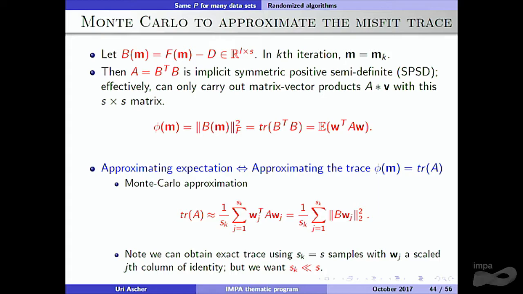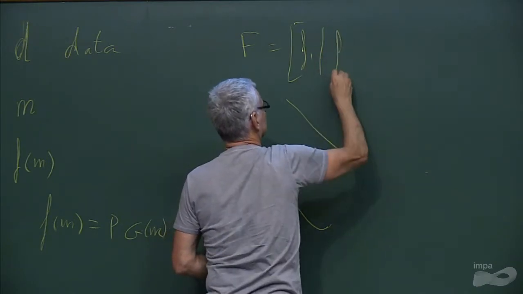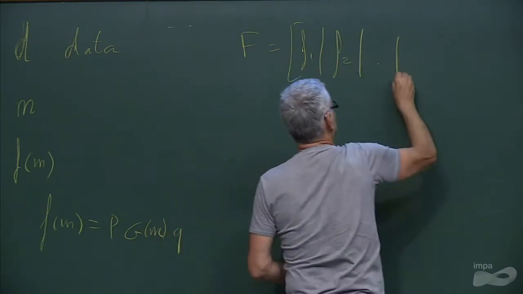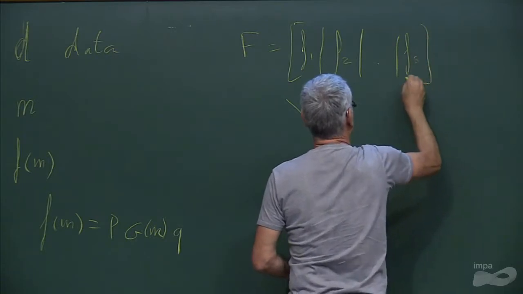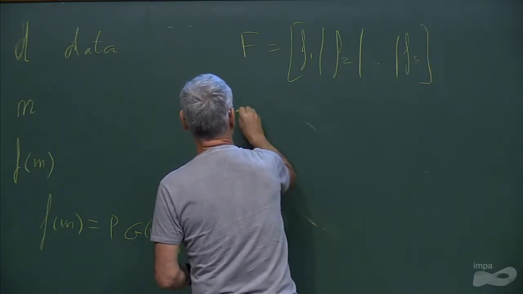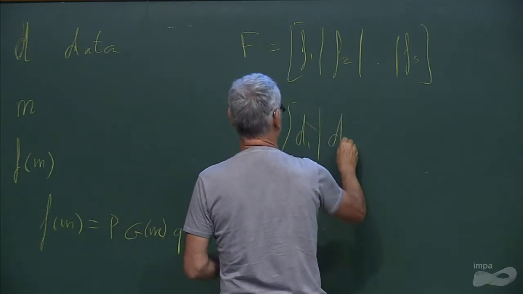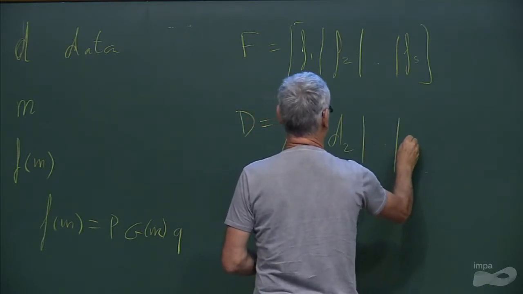So what we can do is say we have these Fi's. We're going to form a matrix big F, which consists of F1, F2, all the way to FS. And similarly the data, D1, D2, up to DS.